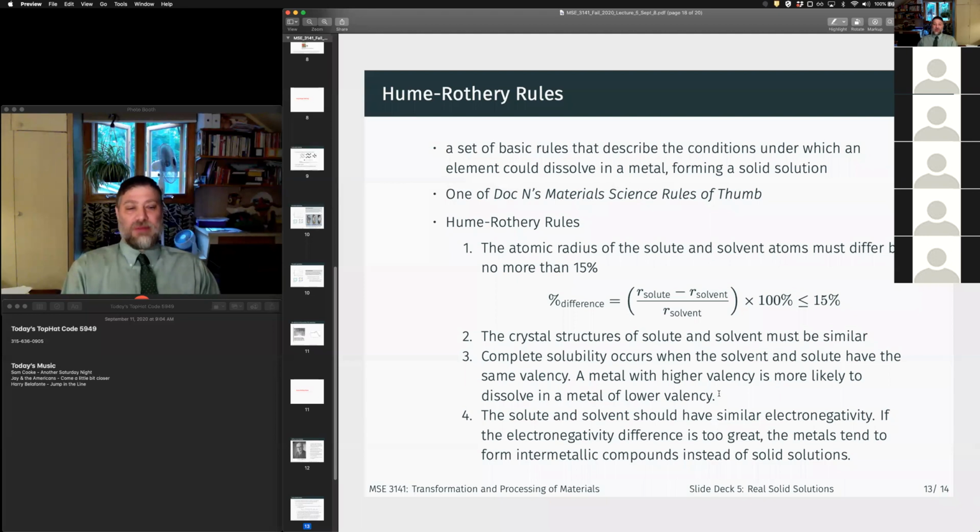You'll be able to put more into solution before it falls out. And the solute and solvent should have similar electronegativity. If the electronegativity difference is too great, they're going to form intermetallic ionic compounds instead of solid solutions. So, four pretty simple back-of-the-envelope rules, but really powerful for predicting phase diagrams.